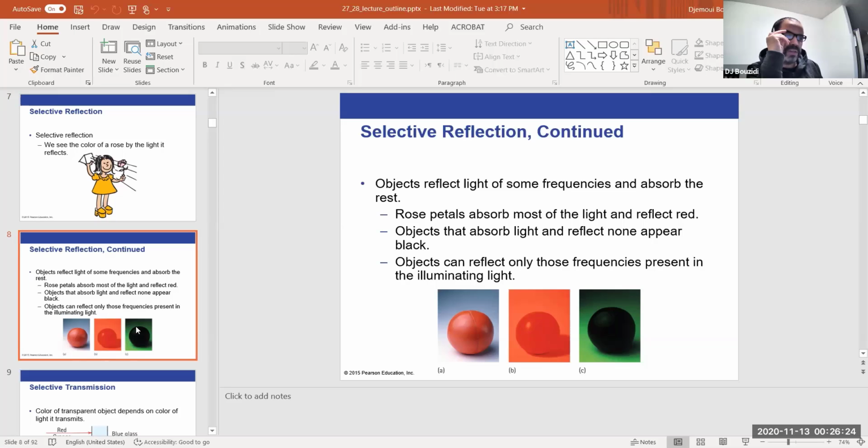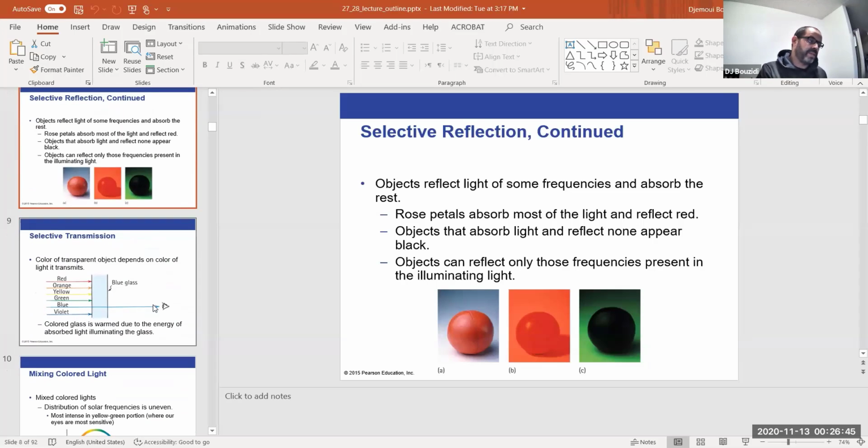If you shine on it the red, it's reflected from the entire surface. But if you shine on it the green, for example, it's absorbing it, and that's why it looks like it has no color. It's lacking color because it absorbs the green, whereas the background behind it is reflecting the green.